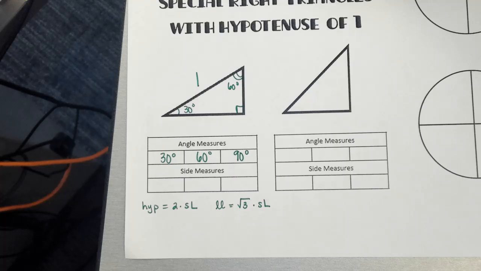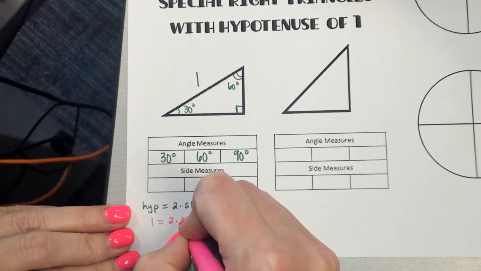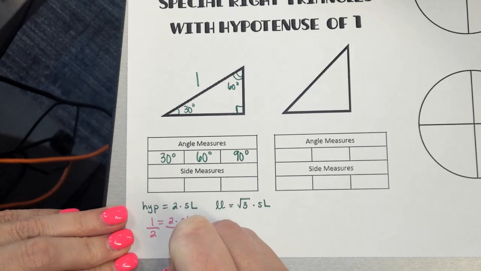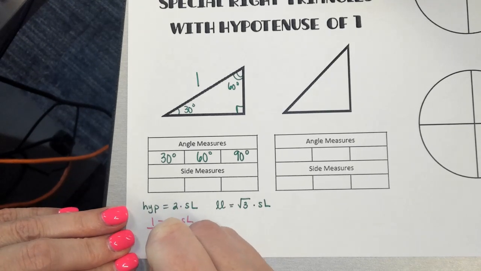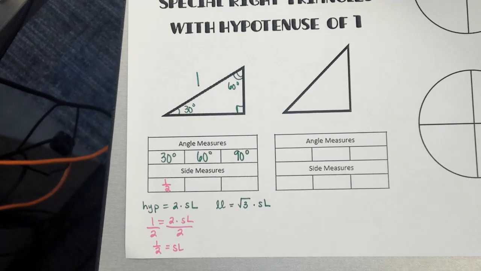Okay, so what are you going to plug into the hypotenuse? 1. Yep. So when you solve, what do you get? 1 equals 2 times the short leg. You solve for the short leg, you divide by 2. The short leg is always across from 30. That's going to be 1/2.